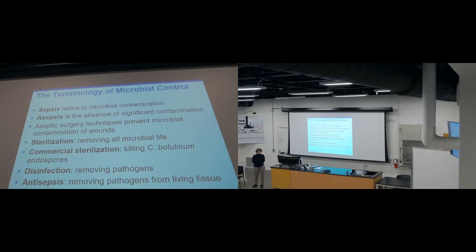Sterilization is removal of all life, and this is helpful as one of the goals of controlling microbial growth. For instance, when you are sterilizing medical instruments in order to perform a surgery or a medical procedure that requires not introducing microorganisms into the body, which in general, for the most part, is the case.